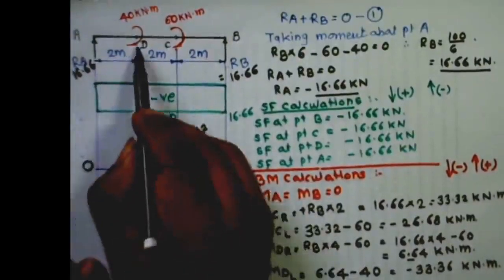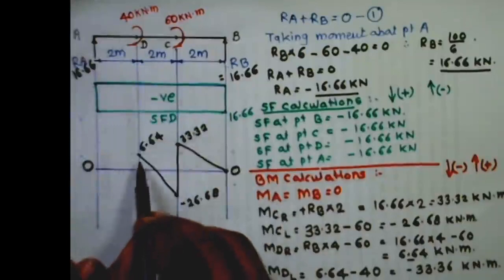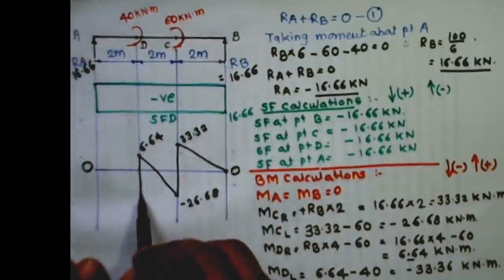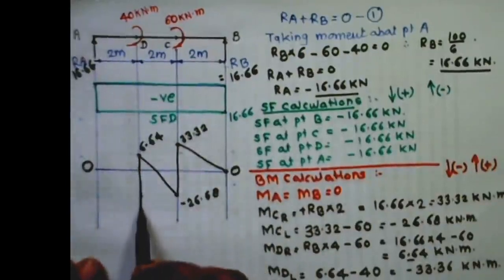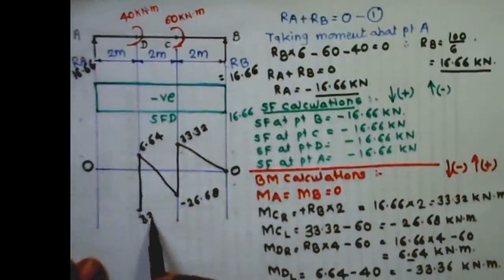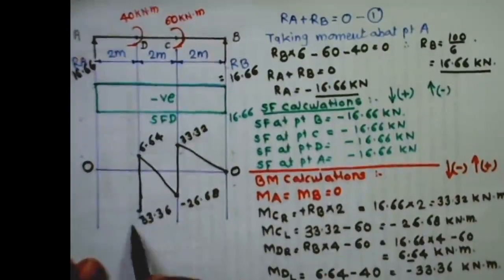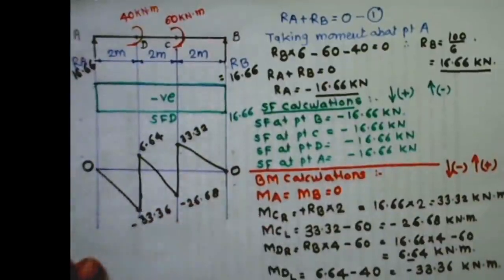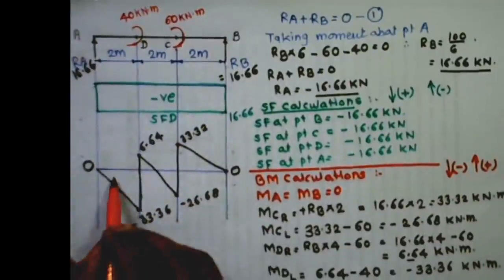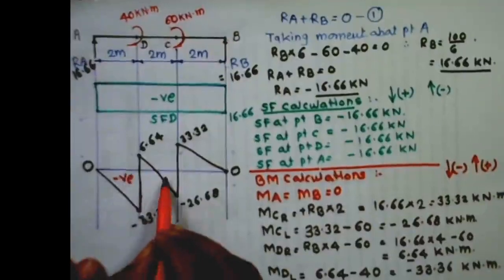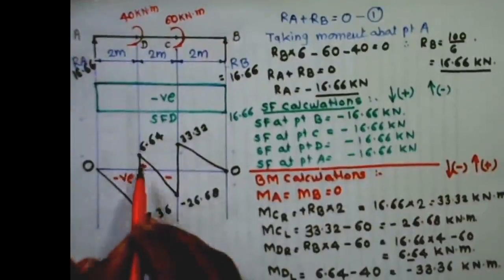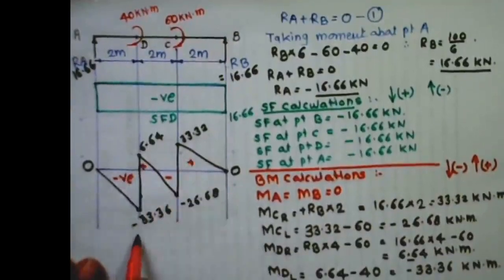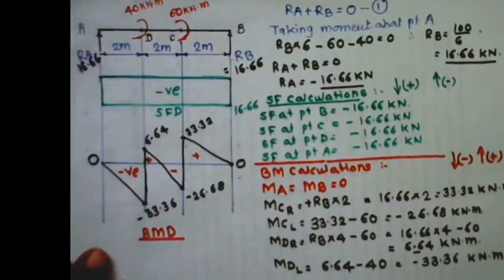And again at point D itself a 40 kilonewton meter moment is acting in the opposite direction, so that becomes minus 33.36, and lastly at point A it becomes 0. So here this diagram is negative, this diagram also negative, this diagram positive, this positive. This is called the bending moment diagram.